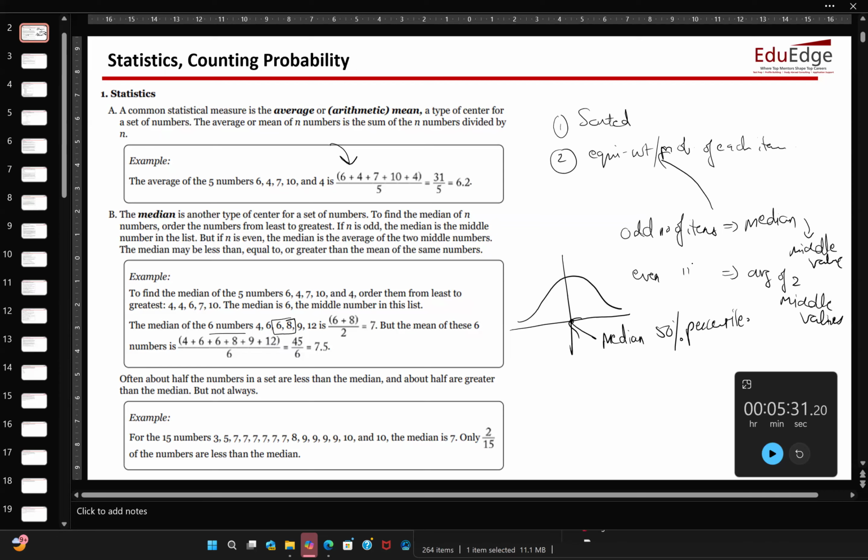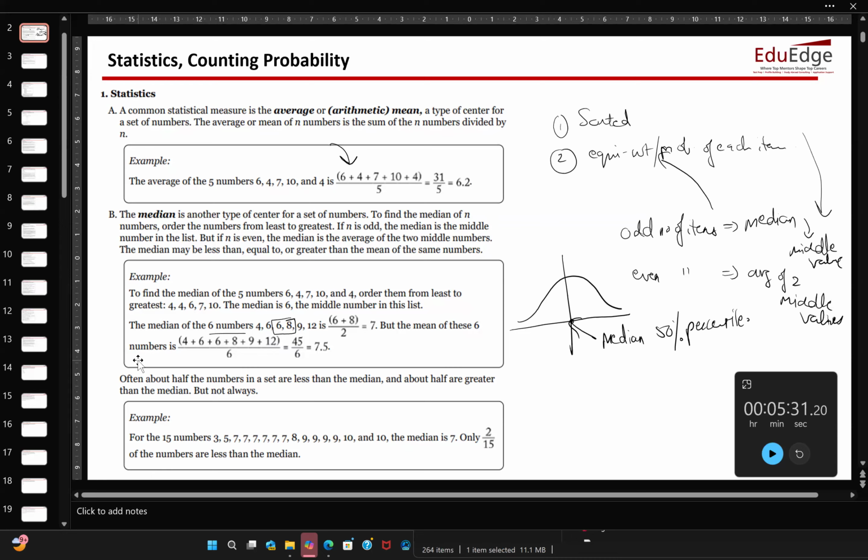In that case, this approach won't work. Then we need to create the frequency table, cumulative frequency, and see where it hits the 50th percentile. That becomes the median. We'll look at one or two sums of those kinds, but this is a small introduction.